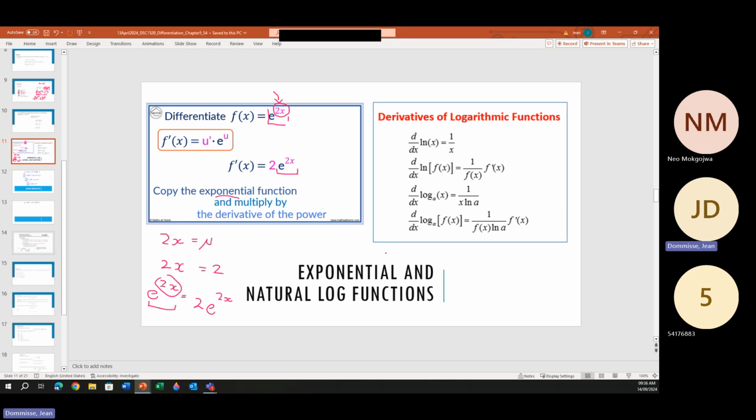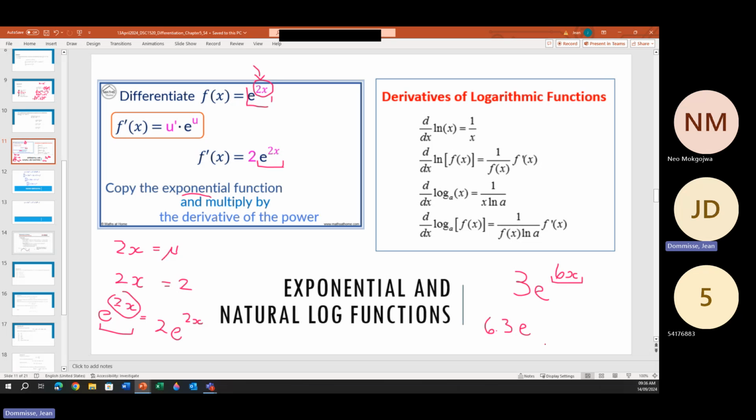So if it was a function like 3e to the power of 6x, what we will do is differentiate the 6x. So that will become 6. So you will have 6 times 3e to the power of 6x.